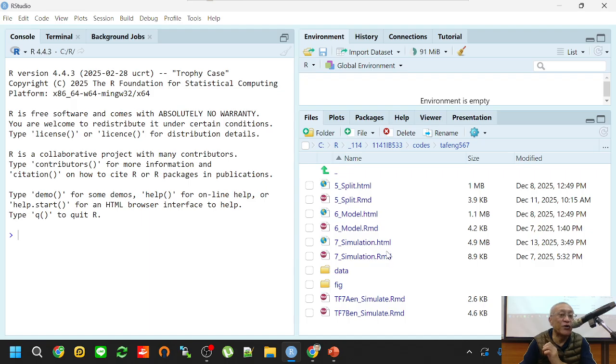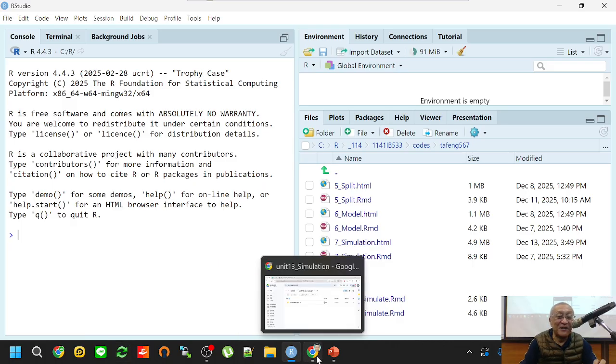Basically, we just have one notebook to cover, called simulation. Although there's only one notebook, I also have two apps, kind of like simulation apps, to help you do your final. So today we have one notebook and also two simulators, and it's already in the Tafang 567.